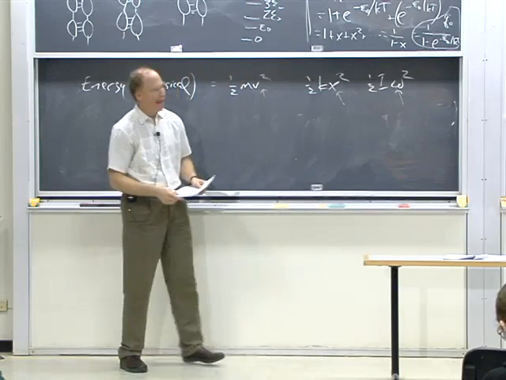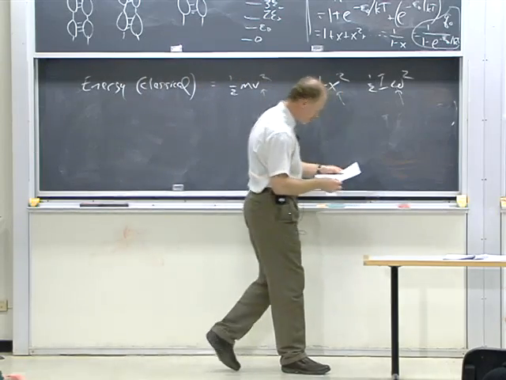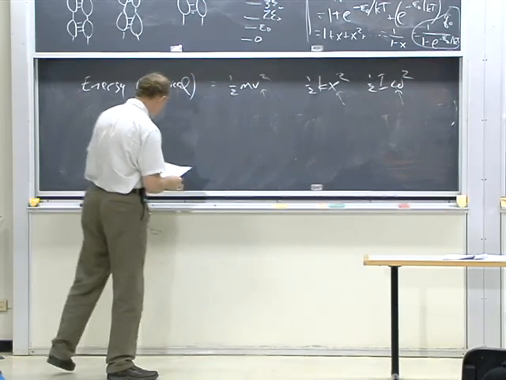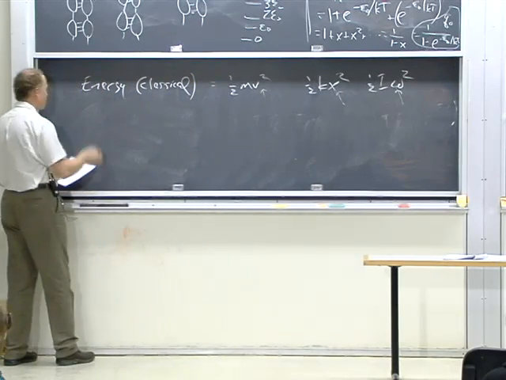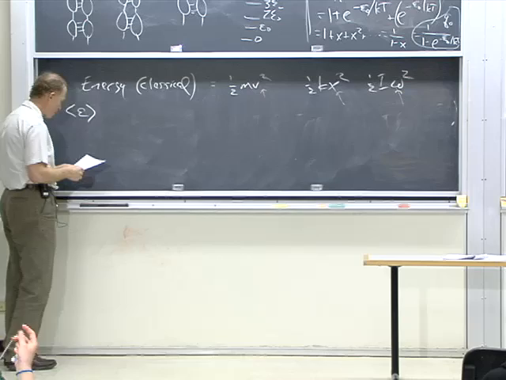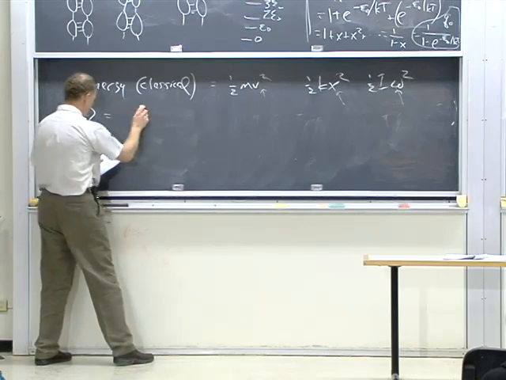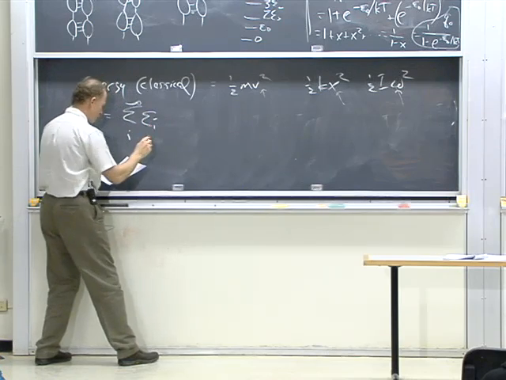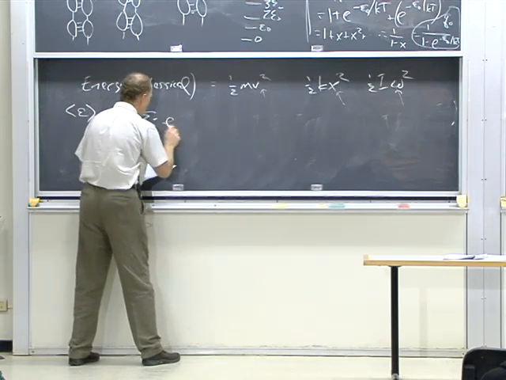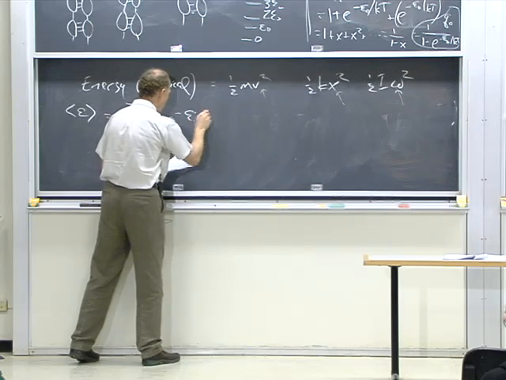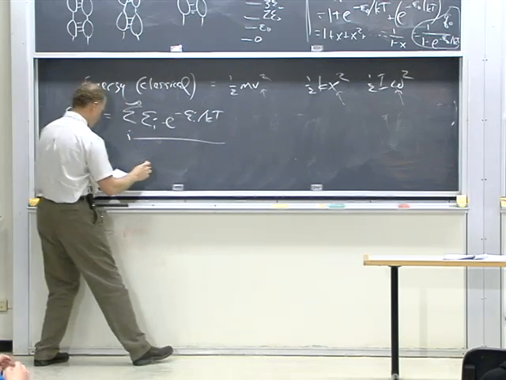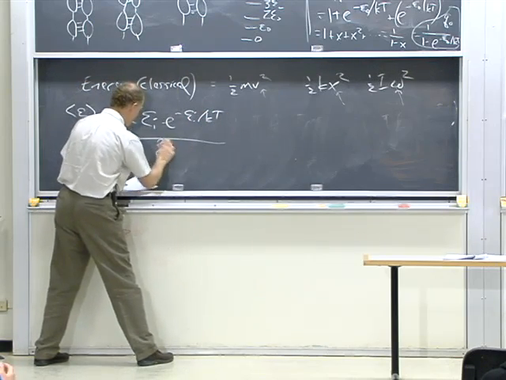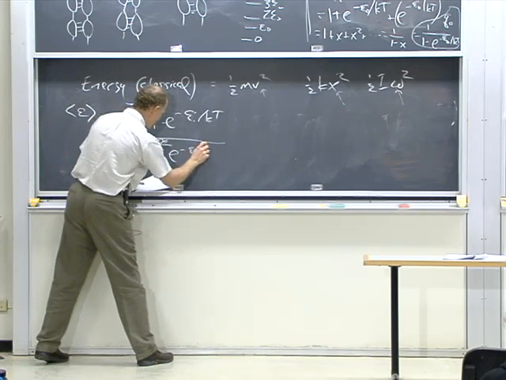Well, now let's look at our expression for the average energy. We're going to sum over all the energies: epsilon i e to the minus epsilon i over kT, over the sum over i of e to the minus epsilon i over kT.